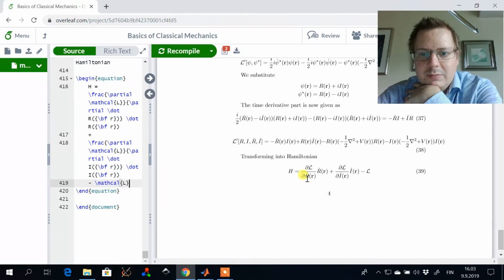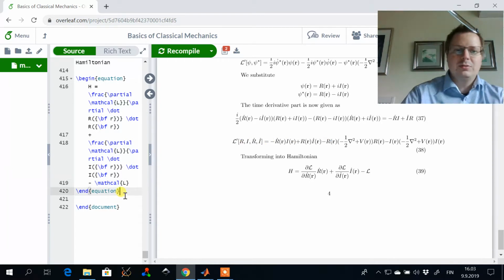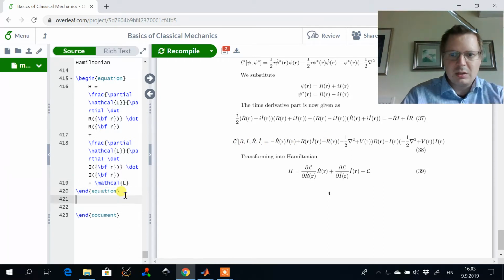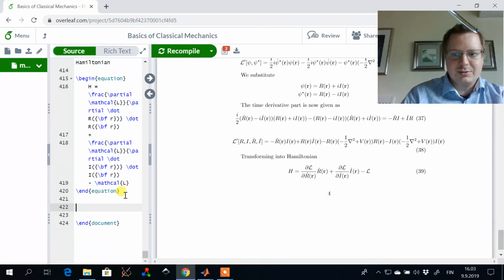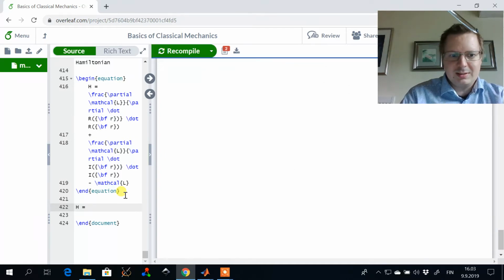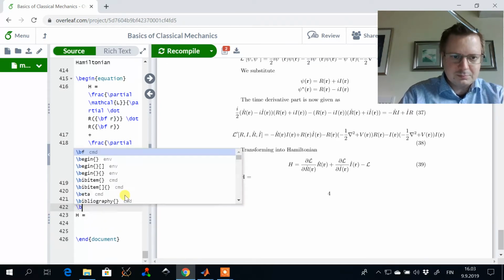So we take the partial derivative of the Lagrangian with respect to r prime. It will be just minus I, and then again times that. Then we have subtraction of the Lagrangian density, so these two will simply cancel. And by no surprise at all, we actually get, I mean, we already knew this, of course, the Hamiltonian looks like this.